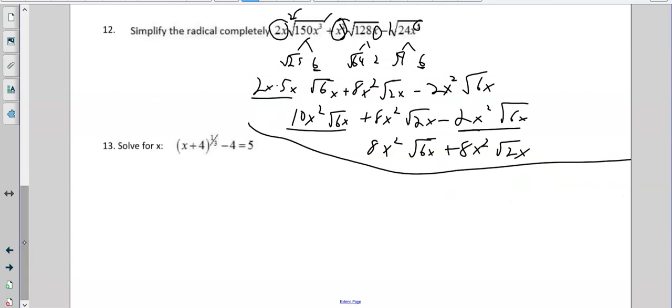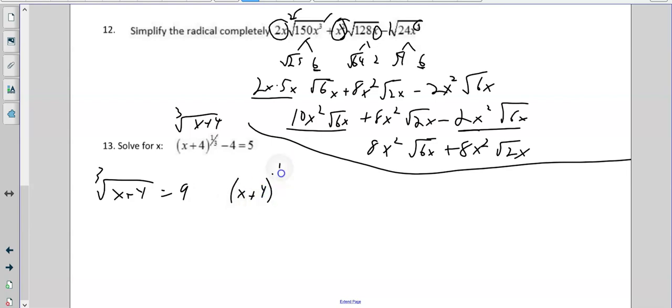And last but not least, right here, remember this is the same thing as this, depending on how your brain works. Either way, we need to get rid of the 4 first. Okay, so we're going to have the cube root of x plus 4 equals 9, or we have x plus 4 to the 1/3 equals 9. Same thing we're going to do here. The opposite of cube rooting is to cube both sides.